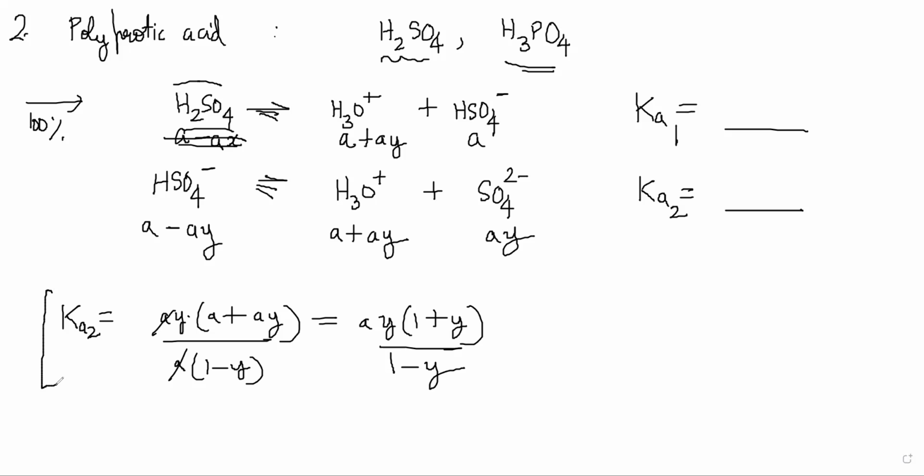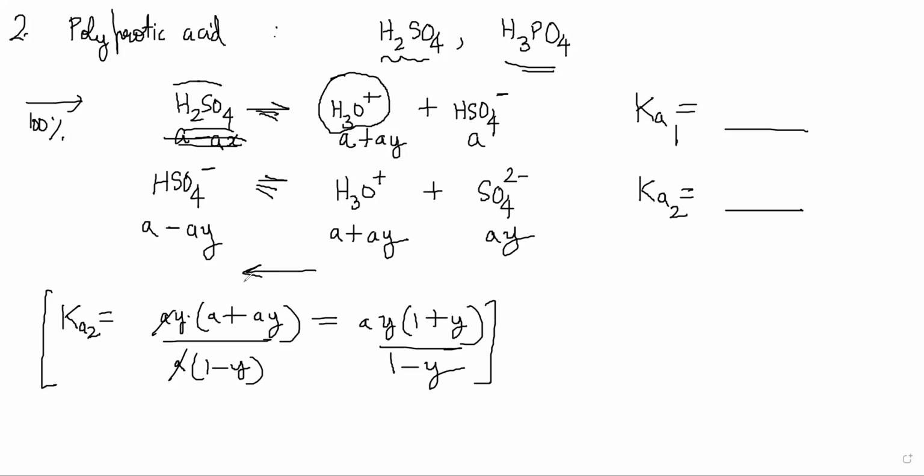Now, in most cases Ka2 will be much weaker than Ka1, because H3O plus was already present due to the first step, so this reaction is further driven to the reactant side.